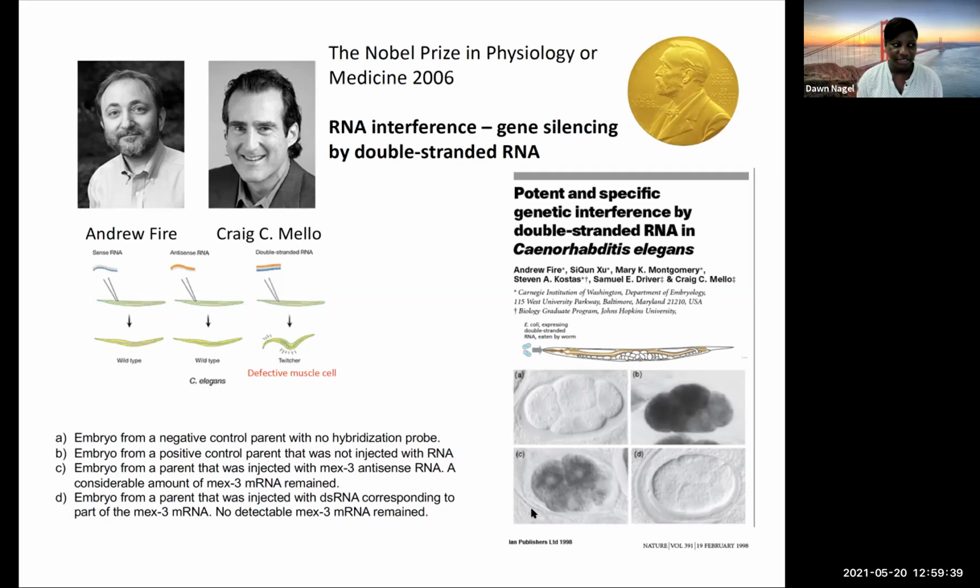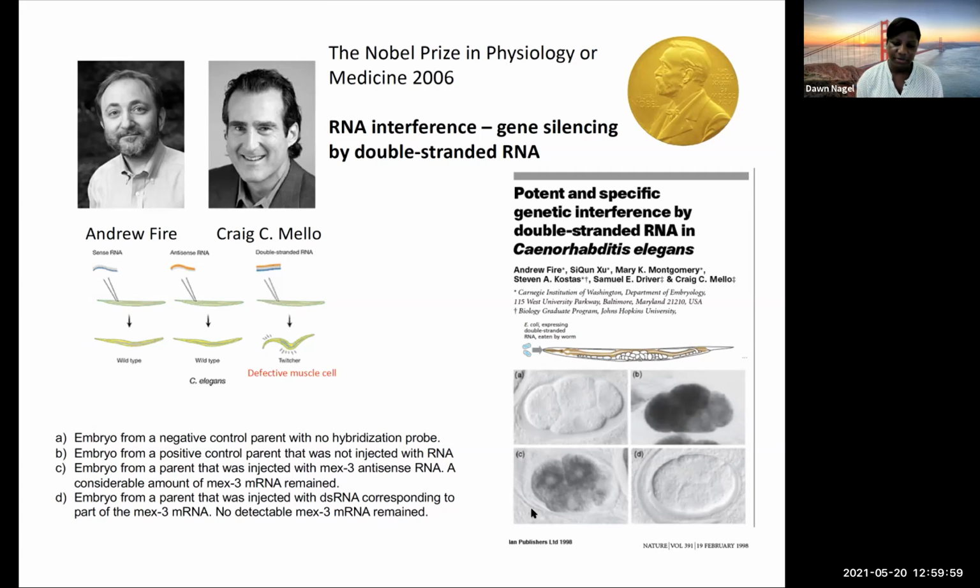This led them to hypothesize that there's something about the RNA they're introducing into the cell that's somehow turning off the endogenous copy of that gene, the gene that's present within that organism.